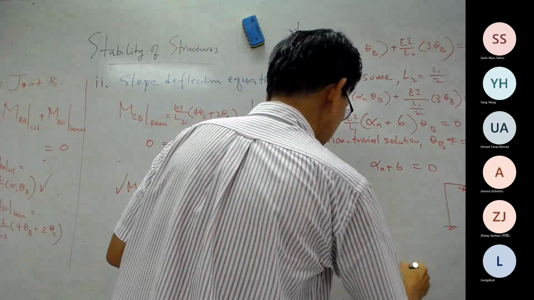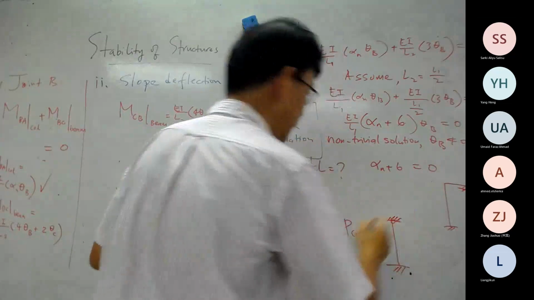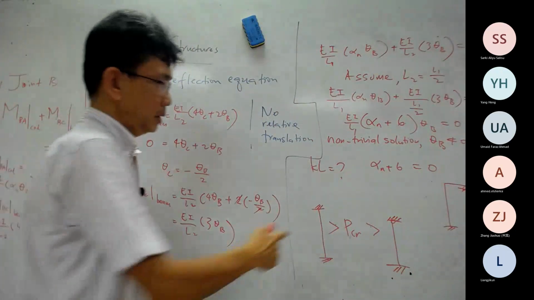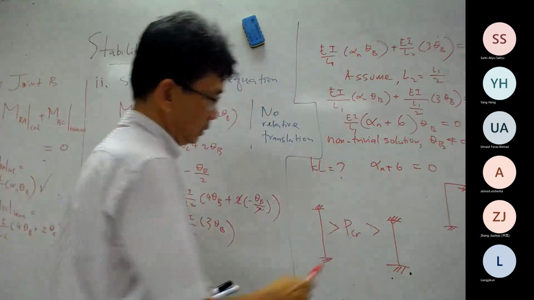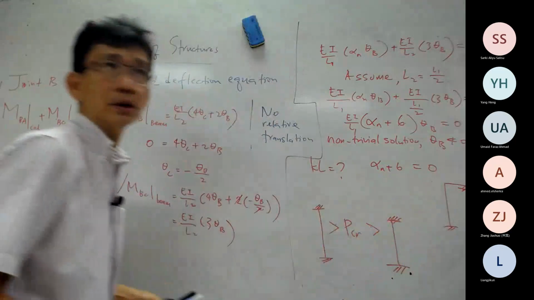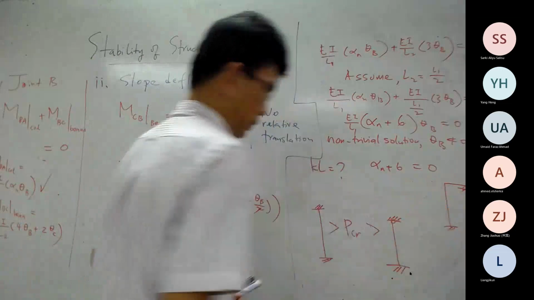So the P critical here that we finally get from here would be greater than this case, which is fix and pin, because this is not really pin, but less than fix because this is not really fixed.